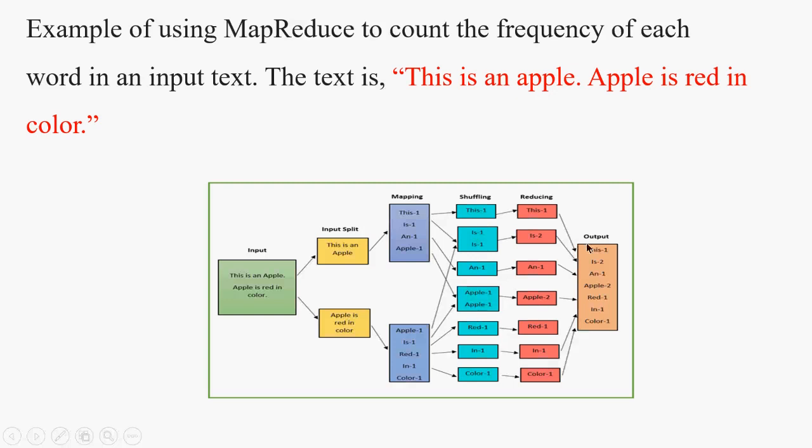In any way it could be. So the final output is counting and telling you this has occurred one time in the data set, is twice, apple twice, red once, in once, and color once. This is how MapReduce goes.